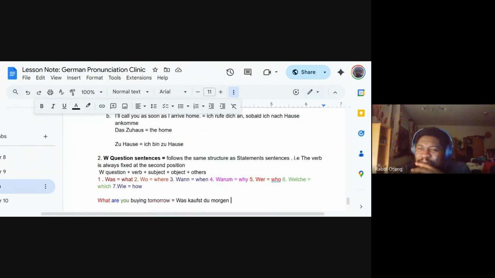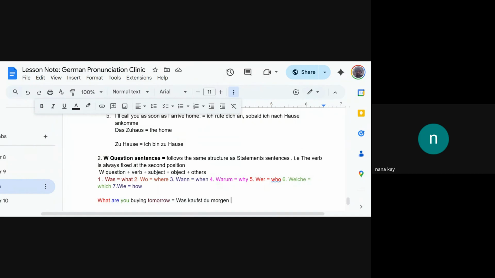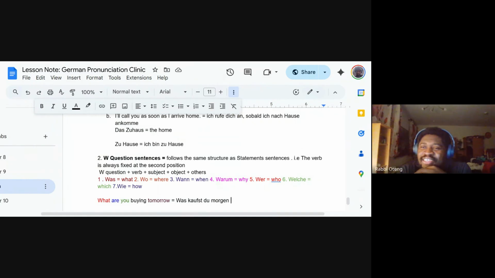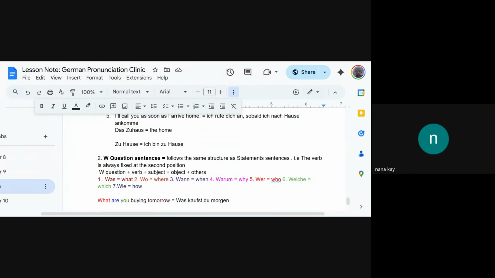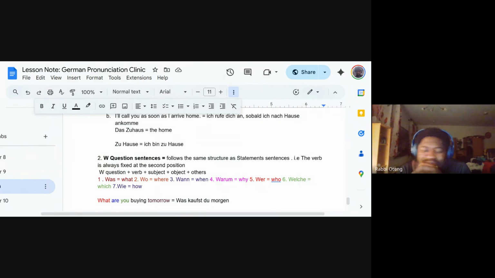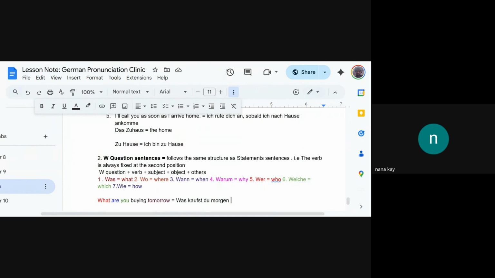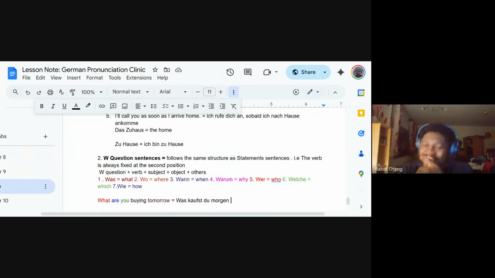What's your verb? Your verb is kaufst. Is there a direct object? What's the direct object? Was kaufst du morgen. So the direct object is was.